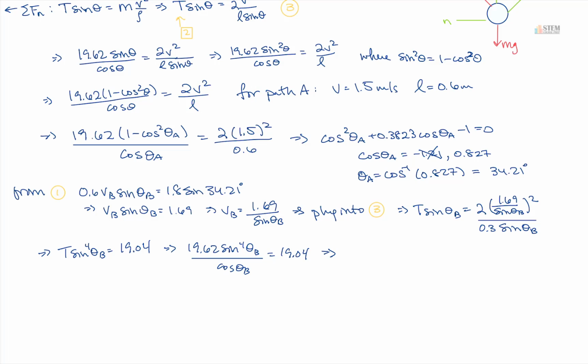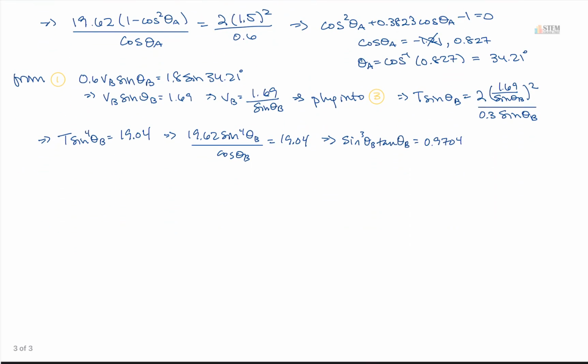So we're left with sine to the 4th over cosine on the left side. Basically we could rewrite that as sine cubed times tangent of theta equals 0.9704. Now you're just left with that. You can't really simplify it anymore. This is one of those fun problems the textbooks like to throw out there. So the best thing you can do is move the 0.9704 over, and then use your calculator, MATLAB, something to solve.